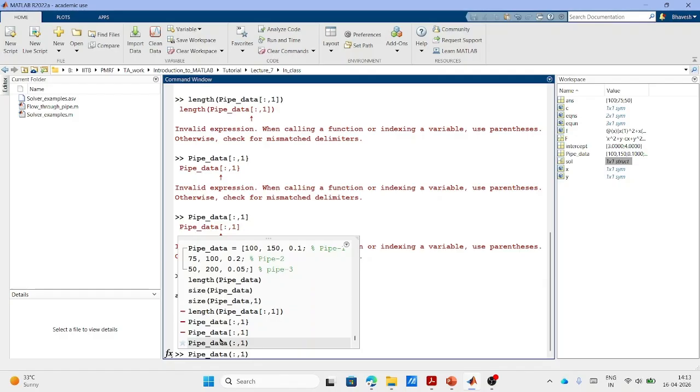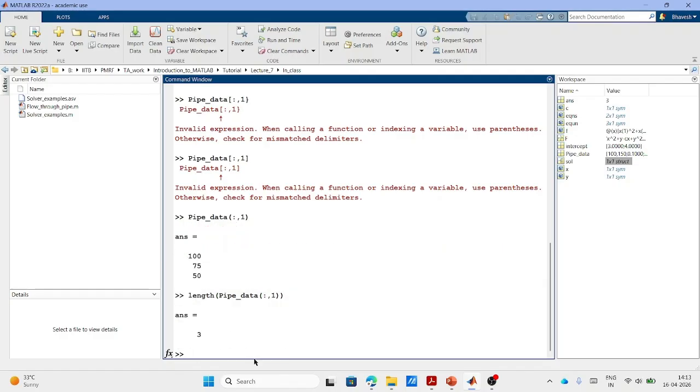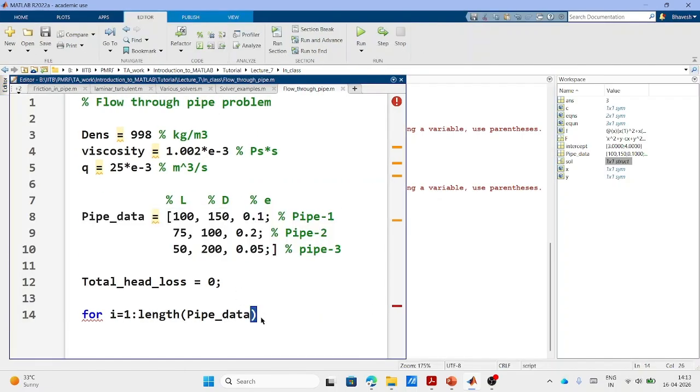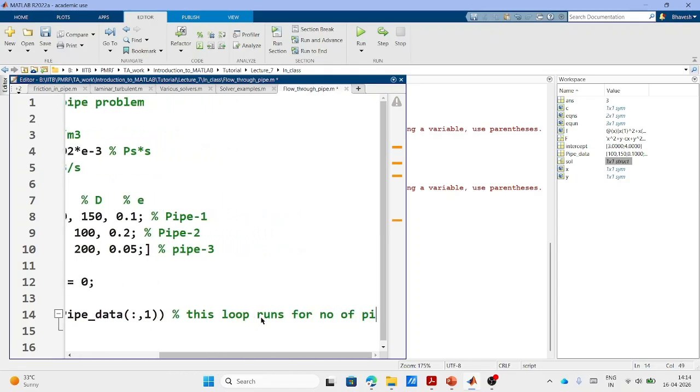And then I can find the length of this. So there are various ways. You prefer whichever way, there is no one specific correct approach. You decide what kind of approach you want to use. So this is my for loop. This loop runs for the number of pipes.